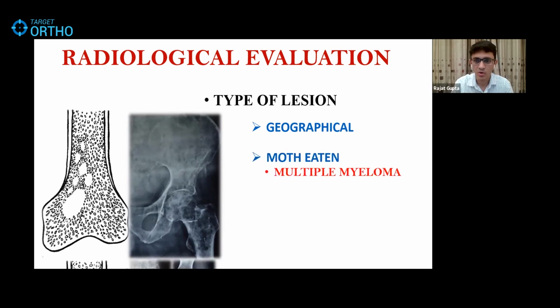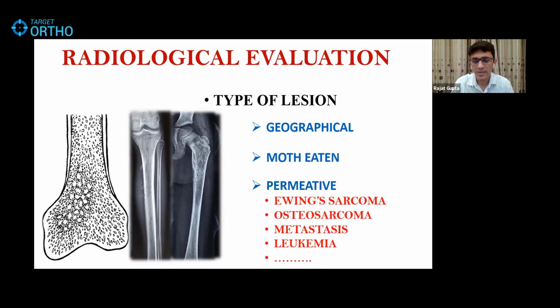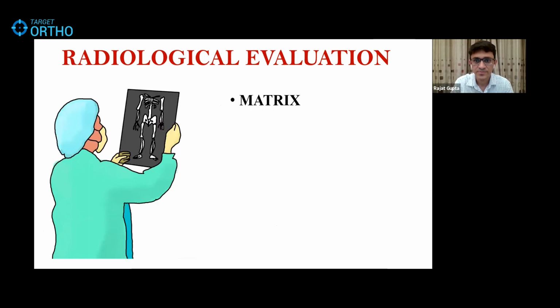Examples include multiple myeloma. And then we have a permeative lesion when there is no clear-cut demarcation between the normal and the abnormal bone. For example, many malignancies like osteosarcoma, Ewing sarcoma, metastasis, or leukemia. Like we can see in the X-rays in these pictures, there is no clear-cut demarcation as to where the abnormal bone ends and the normal bone starts.